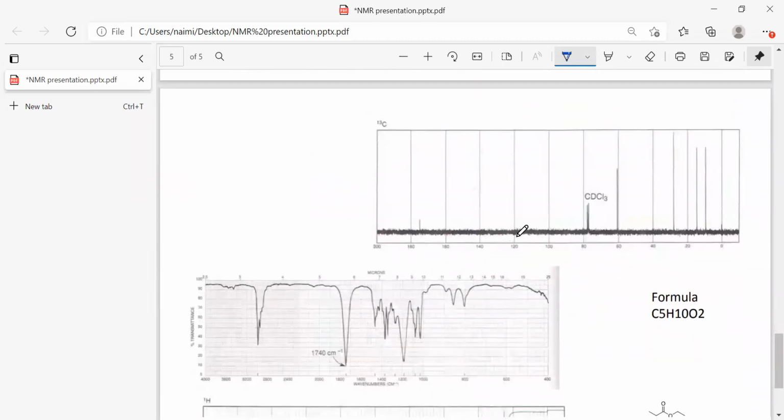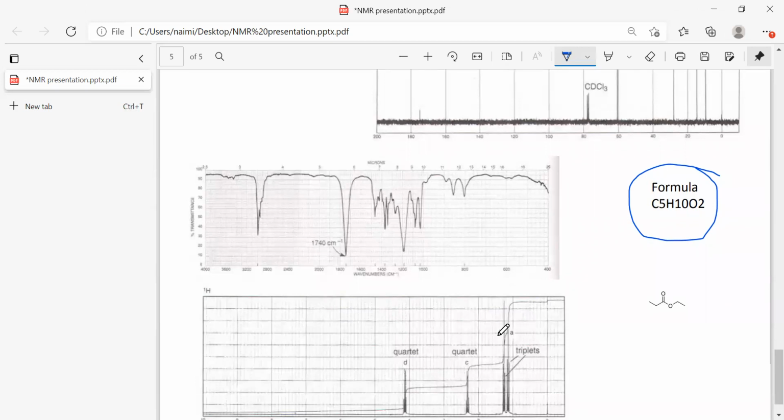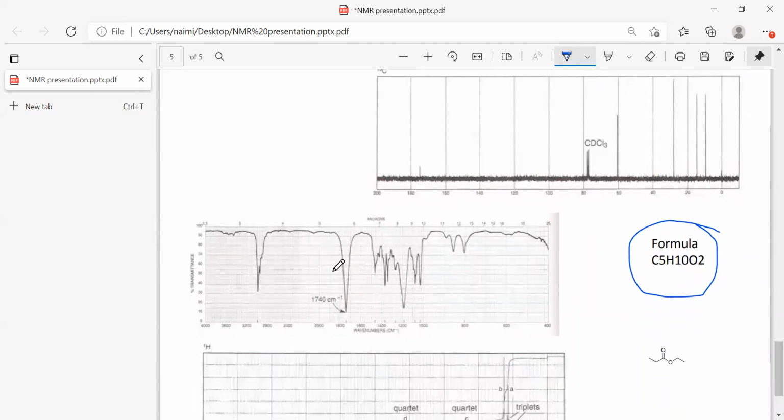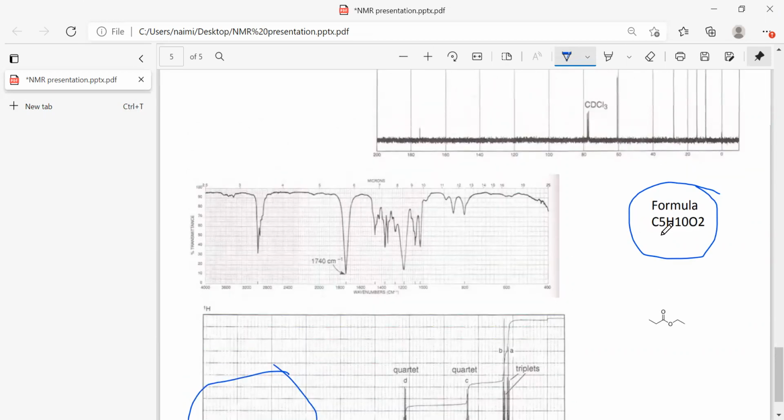Again, here I have mentioned another example in which C13, IR and NMR spectra are given. The molecular formula is C5 estate O2. O2 indicates that there will be either an acid or an ester bond. For the acid peak, in this region there is no peak at 10 to 12, so the acid is absent. So an ester will be present, and the ester carbonyl peak at 1740 goes to this region due to the presence of oxygen.